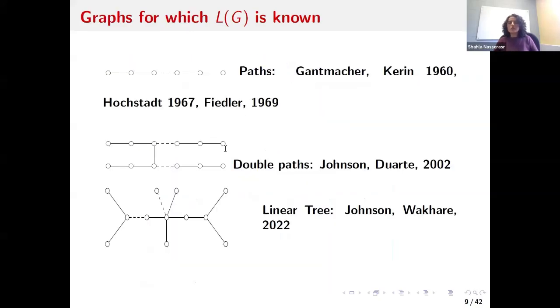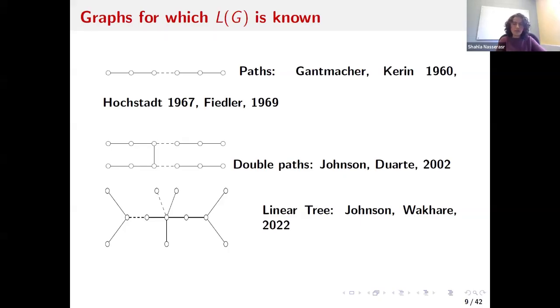Okay. So which graphs do we know that their L of G is completely determined? There are quite a few lists, but not many. I've listed some in here. Paths we just saw, and then double paths, when there are two paths and two of the internal vertices are connected by an edge.